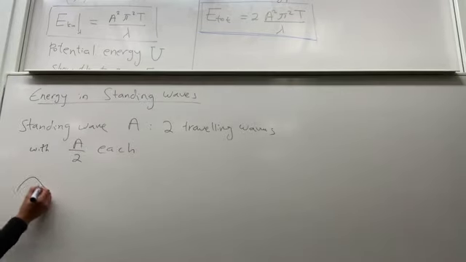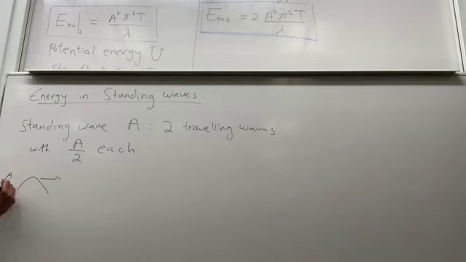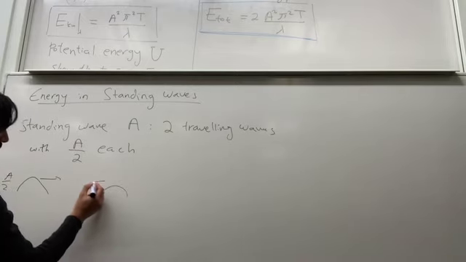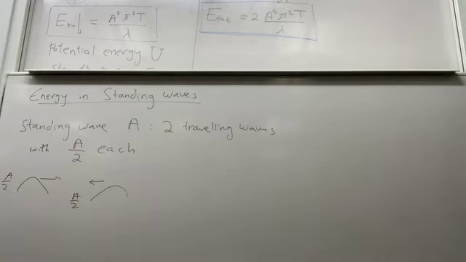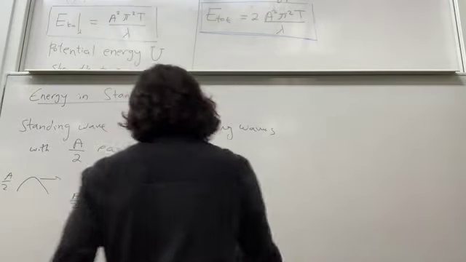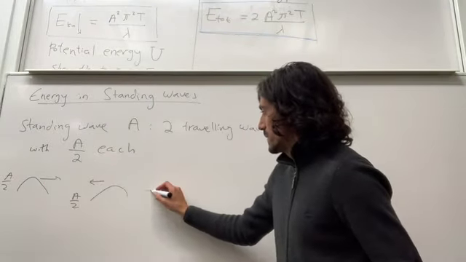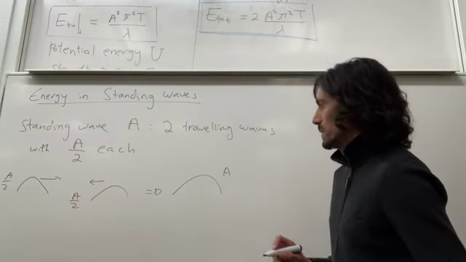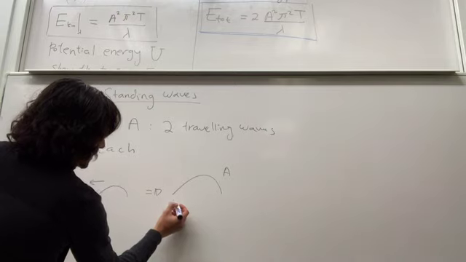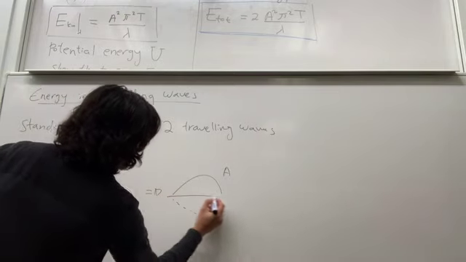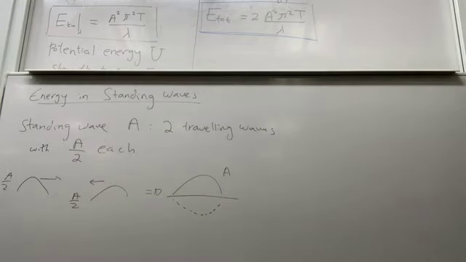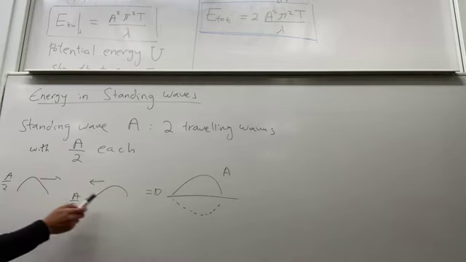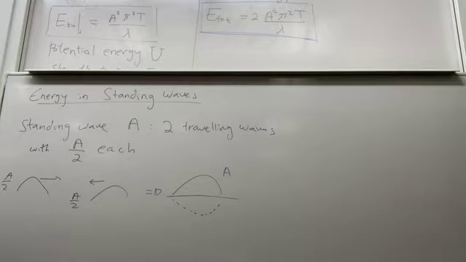So you have A over 2 here, A over 2 here. They move in opposing directions, and as a result we get a standing wave with amplitude A. Okay, so all we need to do now is calculate the energy of these two traveling waves, and that would give us the energy of the standing wave there.